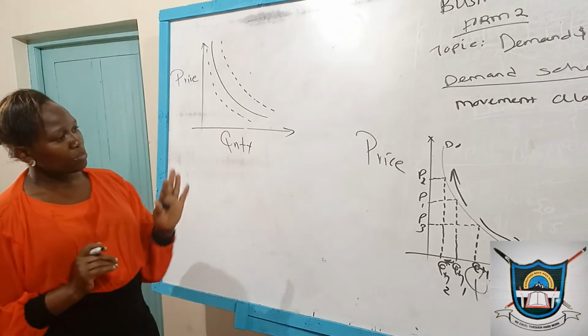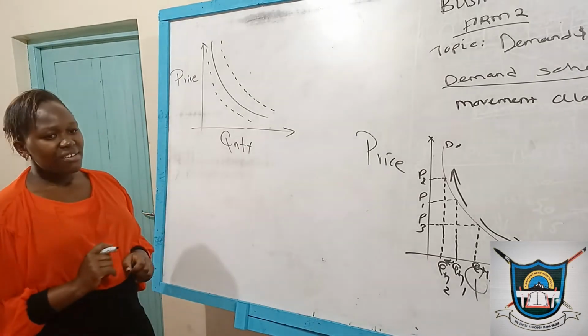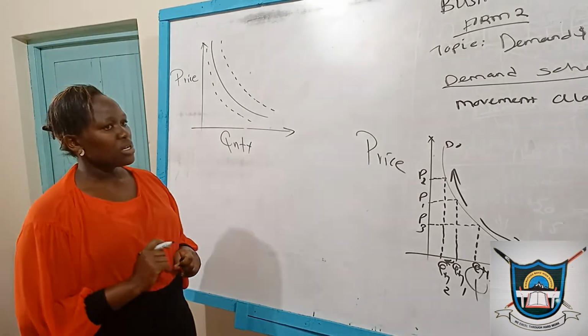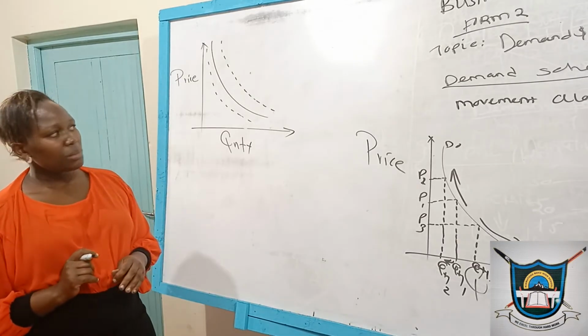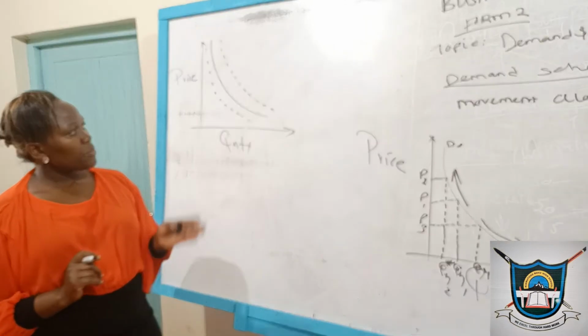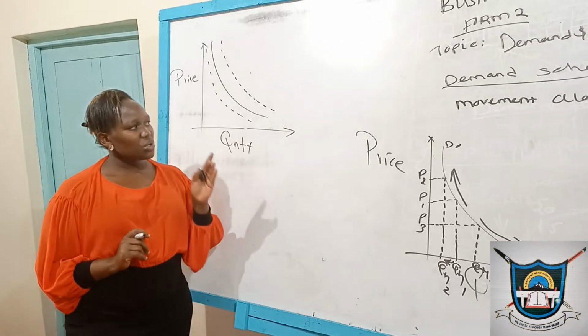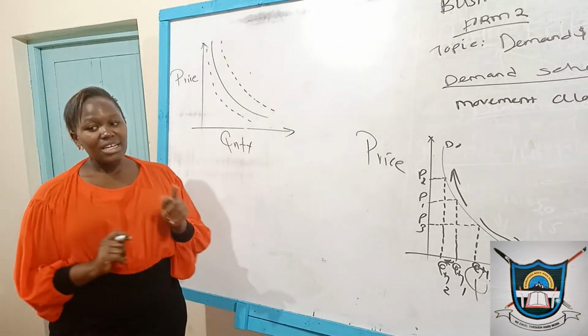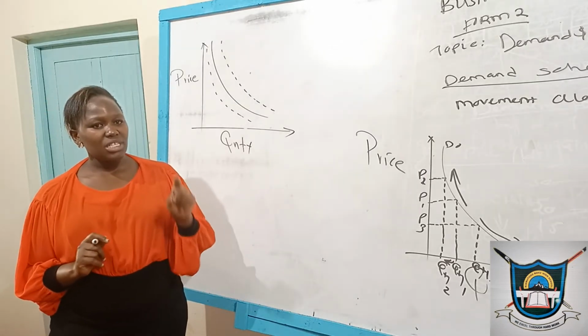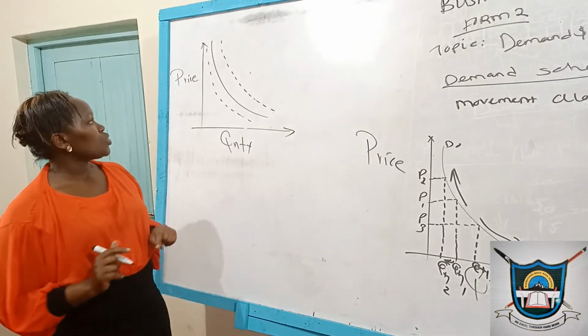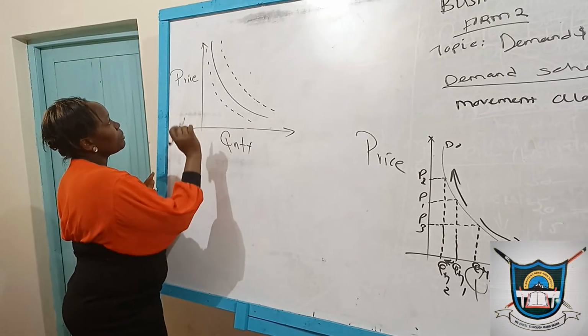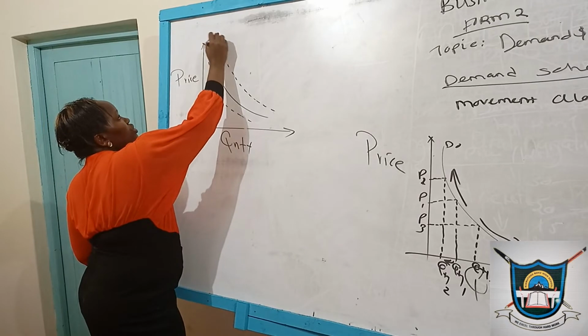Now, for example, apart from price, there are other factors we talked about. We gave the example of an increase in population. If the population of the consumers increases, then it means the demand for that commodity is going to do what? It is going to increase. Now I'm going to use an example here. So this one is our original demand curve.